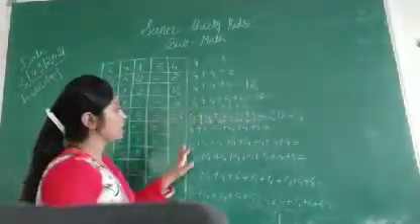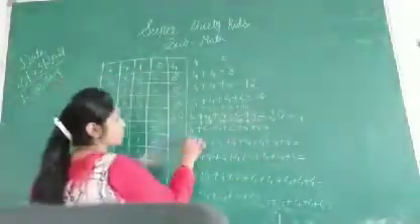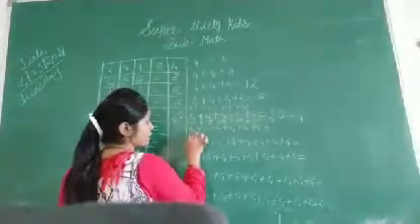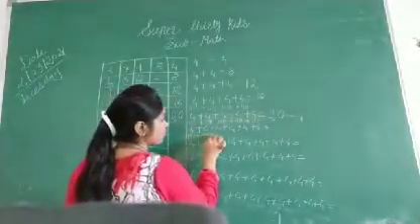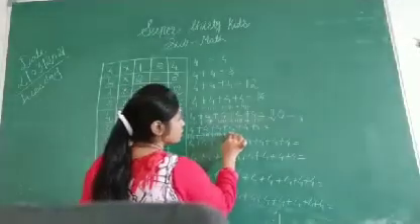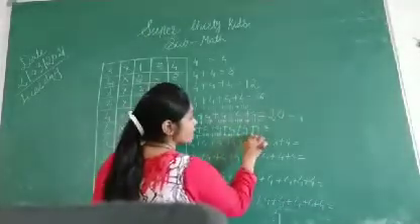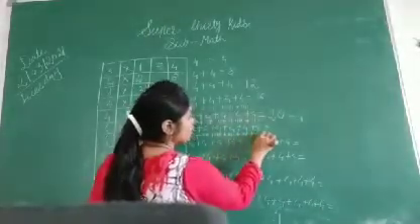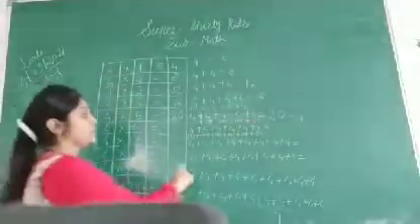Now again we add 4 six times. We do addition here. 1, 2, 3, 4 plus 1, 2, 3, 4 plus 1, 2, 3, 4 plus 1, 2, 3, 4 plus 1, 2, 3, 4 plus 1, 2, 3, 4. How many lines in all?